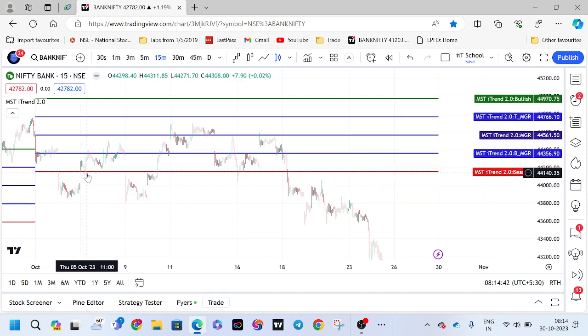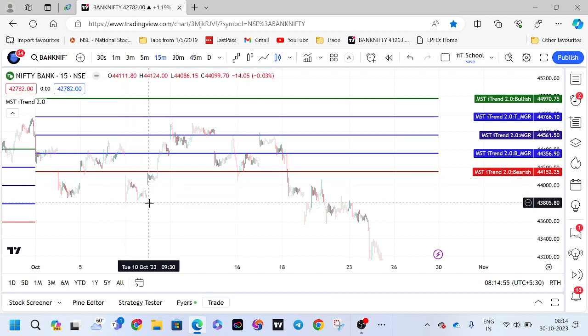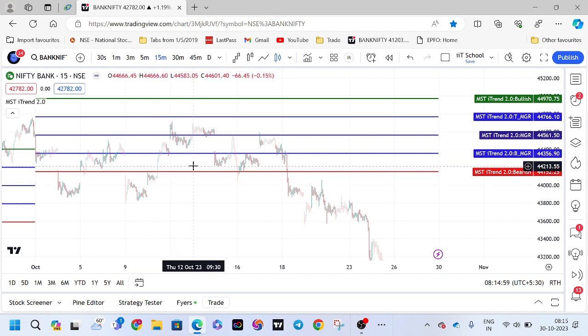After that no candle closed below, we did not get any sell entry, and the market gave upside movement. Then the market gave one close below, we got one sell entry, and some 400 points profit. Again we are trading only inside the CPR, we are calling it MGR.